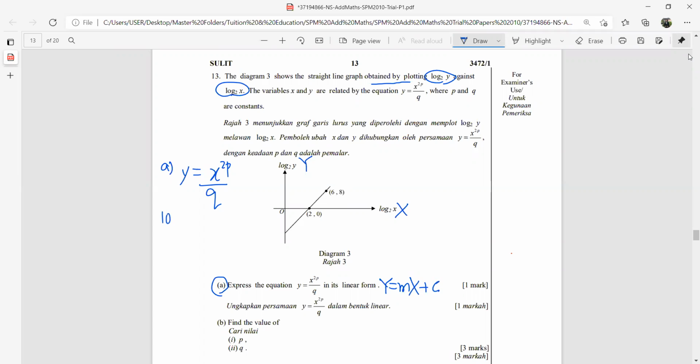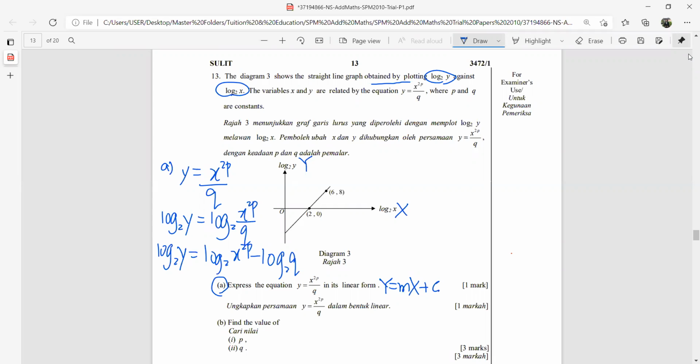So to do this, you have to add log base 2 to both sides, because you see base 2, base 2, so that you can change to linear form later on. And then log of a division, split them to become log minus log.